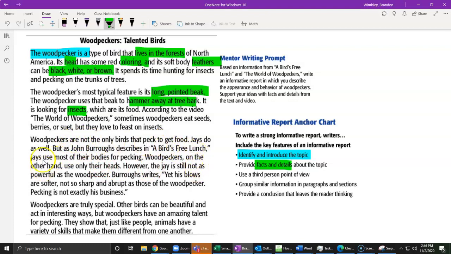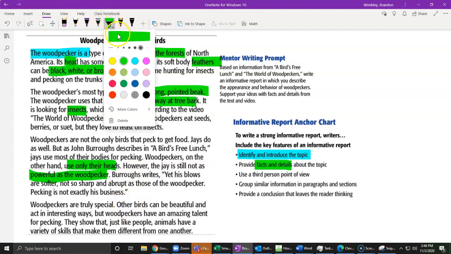Now, when we get down to this paragraph, it does change a little because we then start talking about the blue jay, but notice how we still talk about the woodpecker. So we're comparing it to the blue jay, but we're also still talking about that woodpecker, how it only uses its head, how it's powerful. So remember, when we're doing our writing, we're going to provide facts and details about it.